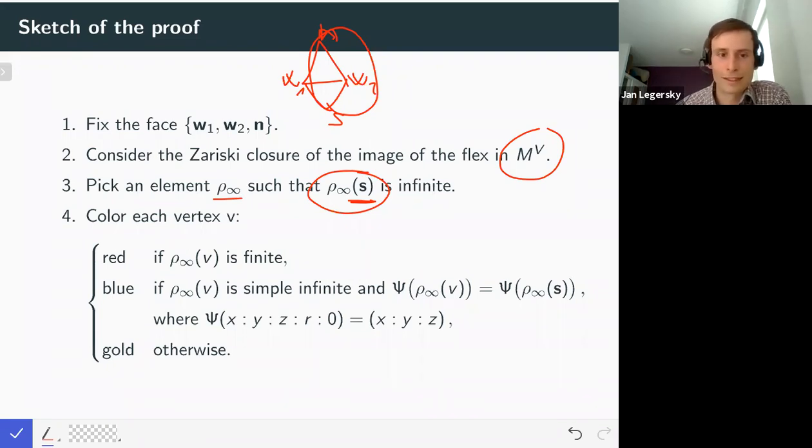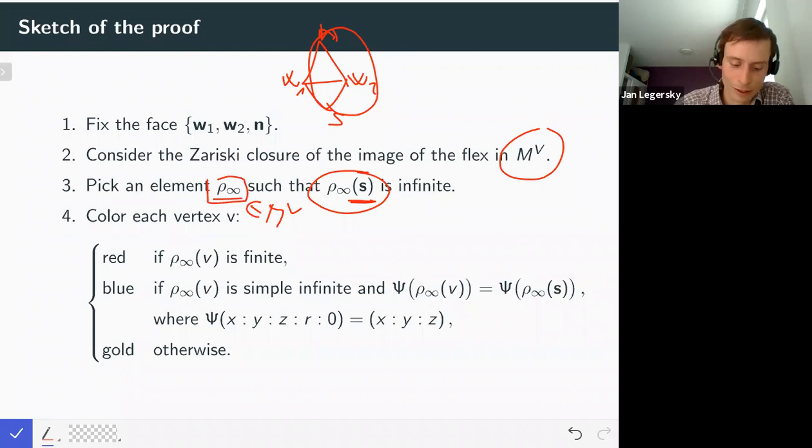So we pick it based on the vertex S, but that's actually a point in M to the V. Now this rho infinity serves us as a boundary point that we can use to deduce some extra information about the flex or about the geometry of our polyhedron.